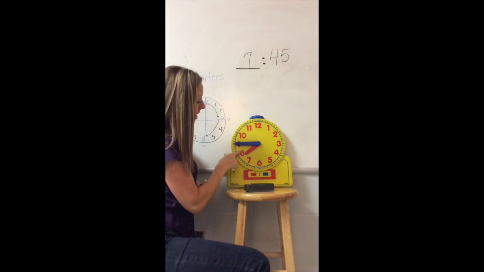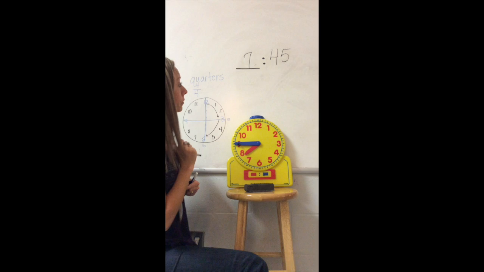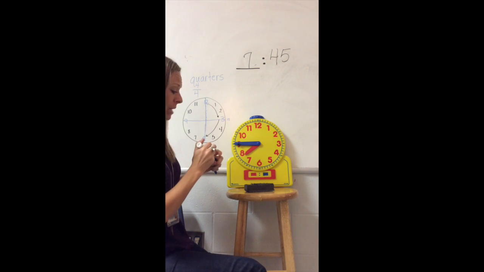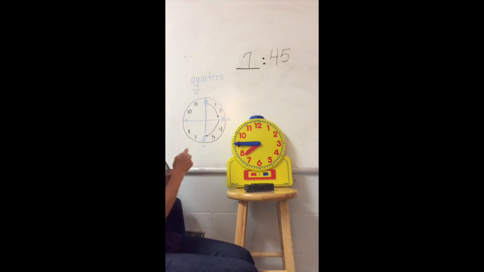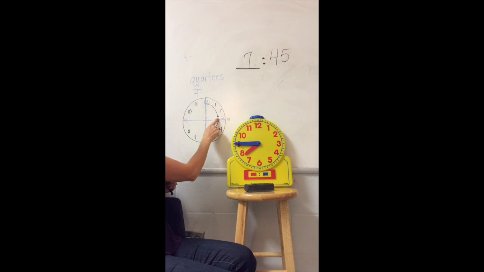Again, because it's not 8 o'clock just yet. In this case, how many quarters past 7 o'clock have we gone? We went 1, 2, and we went 3 quarters.